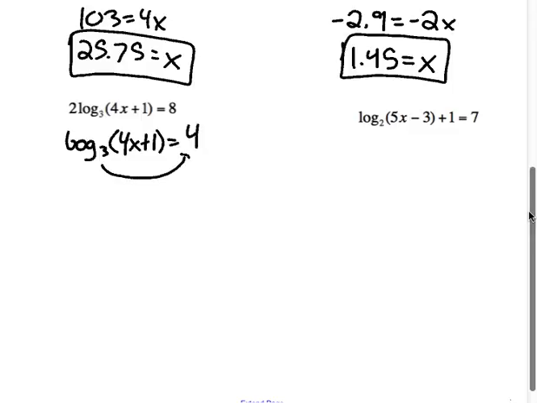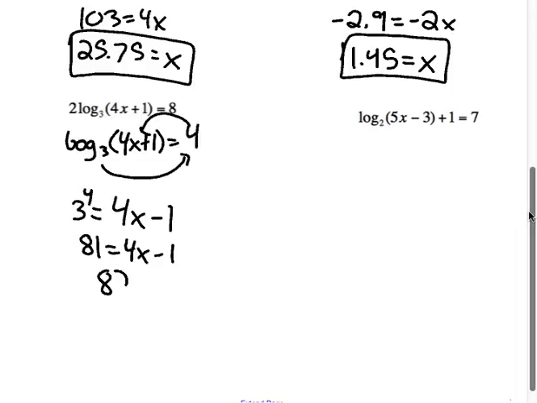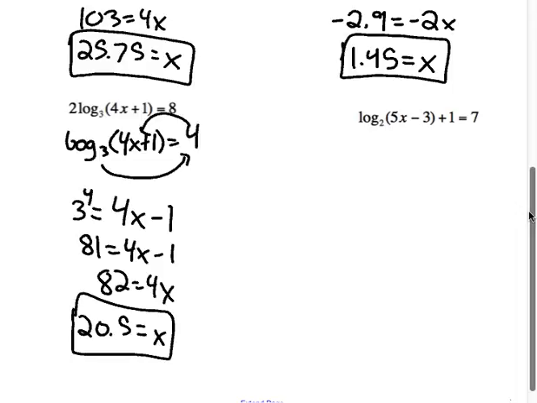So 3 to the 4th power equals all of that. Well, 3 to the 4th power is just 81. So plus 1 to that, we get 82 equals 4x. 82 divided by 4 gives me 20.5. And that'll be all.